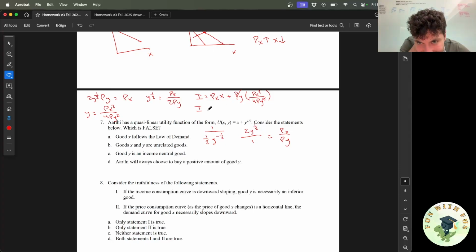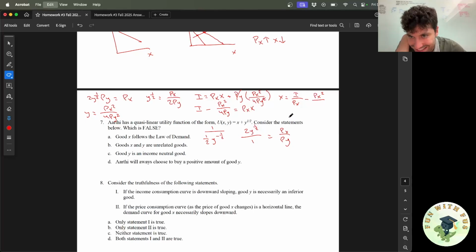So I'll do I minus px squared over 4py is equal to pxx, and x is then going to be equal to I divided by px minus px squared over, wait.